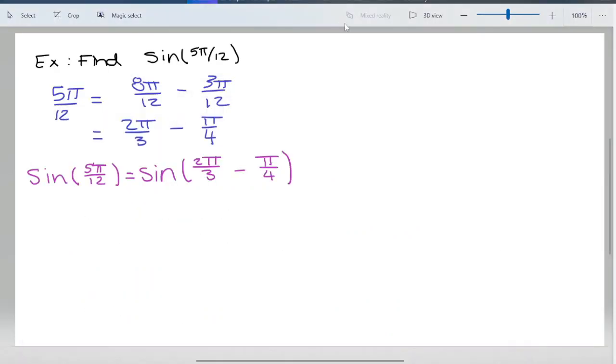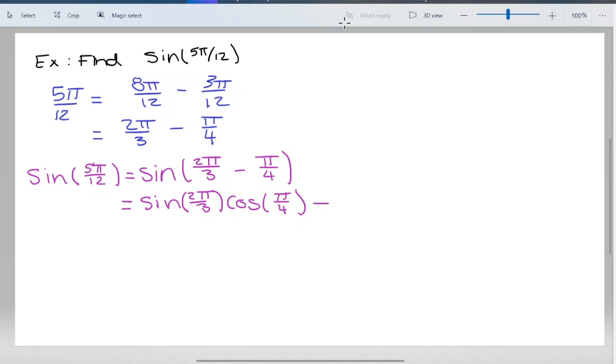All right, so let's go ahead and split this up using the formula. So we're going to have sine of 2 pi over 3 times cosine of pi over 4. Remember, the minus sign is telling us to use the difference formula, so we're just using the two angles themselves and not the minus.